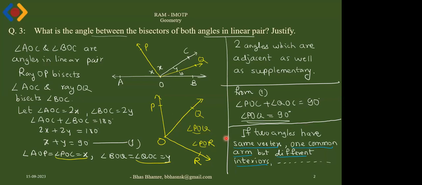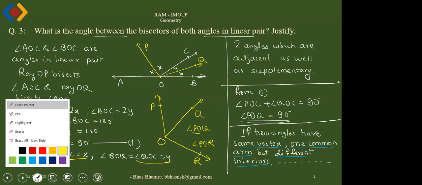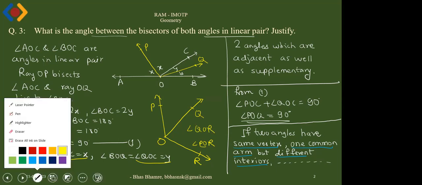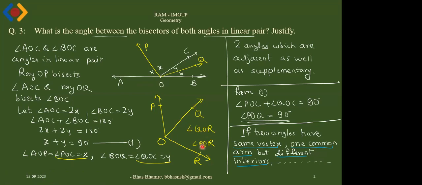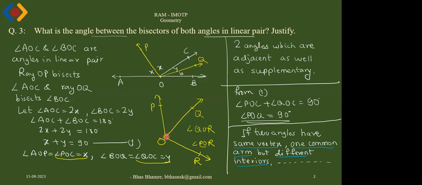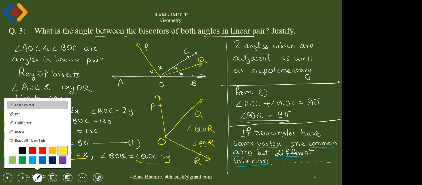Similarly, if you take angle QOR and angle POR, again the same thing happens. They have common vertex O and the common side is OQ, but their interiors are overlapping because POR is here and QOR is here. So no different interiors, and so these are not adjacent angles.